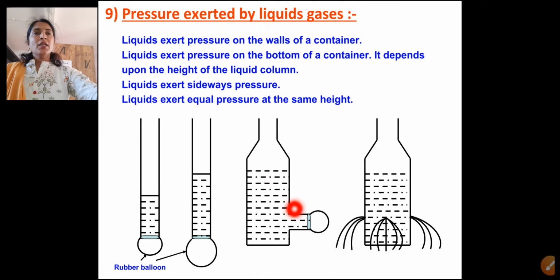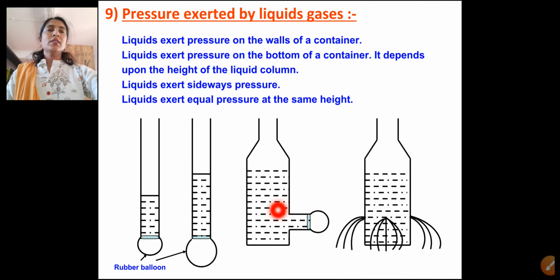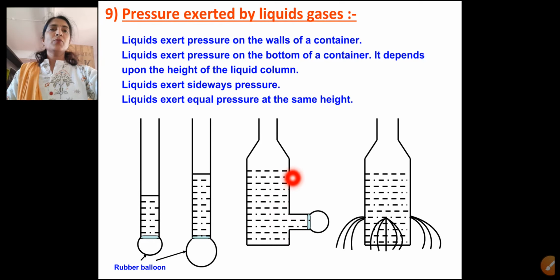If you see here, there is a small hole, and next to the hole a small pipe is attached, and to one end of the pipe a balloon or a rubber sheet is attached. When you fill the water here, the water will start exerting pressure on the wall of the container.